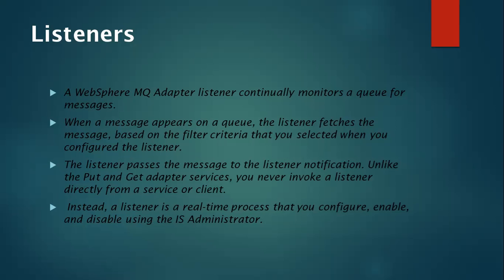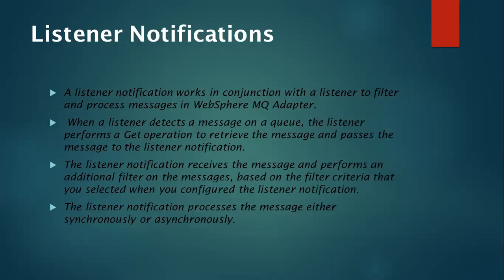Instead, a listener is a real-time process that you configure, enable, and disable using the Integration Server Administrator, where you go to the administrator page, go to MQ adapters, and go to listeners and listener notification, and change it accordingly. So listener notification generally works in conjunction with a listener to filter the messages.